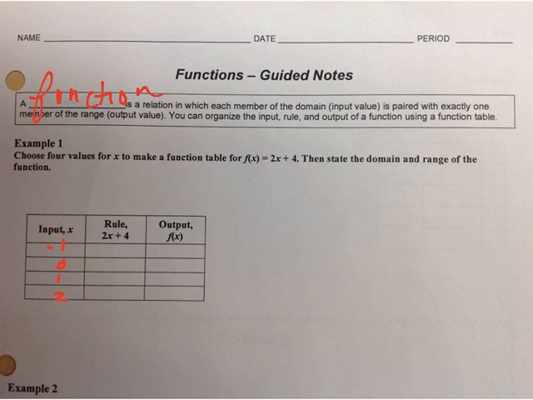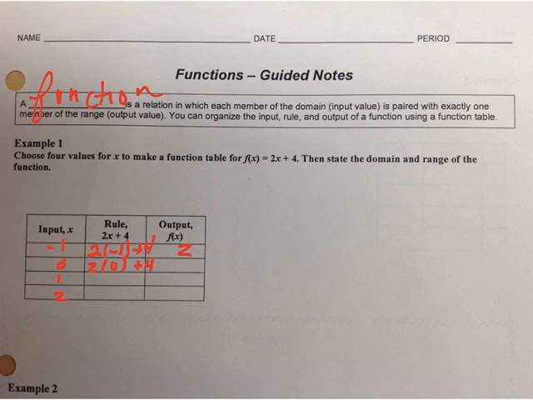Alright, so to fill in our rule column, all we're going to do is plug in whatever we have in our input column for x. So in our first column, 2x plus 4 becomes 2 times -1 plus 4. 2 times -1 plus 4 is 2. Our rule again, 2x plus 4, we're going to say 2 times 0 plus 4.